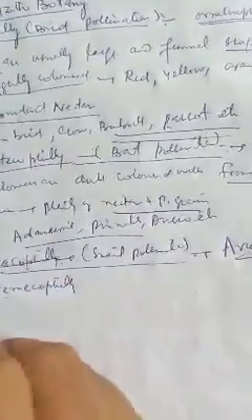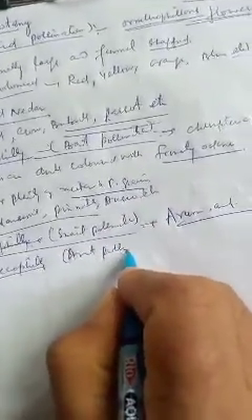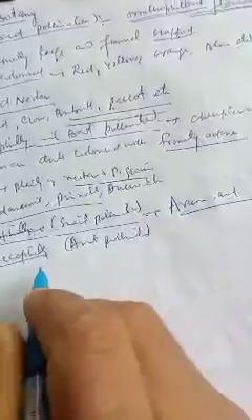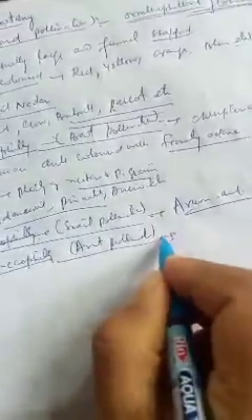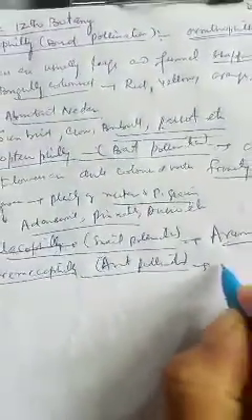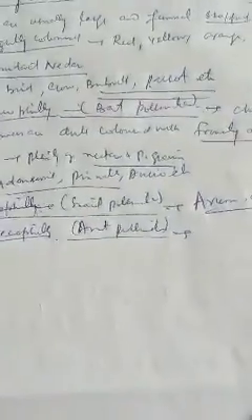Number seventh is Myrmecophily. This is also known as ant pollination. The pollination which takes place by the agency of ants is called Myrmecophily.